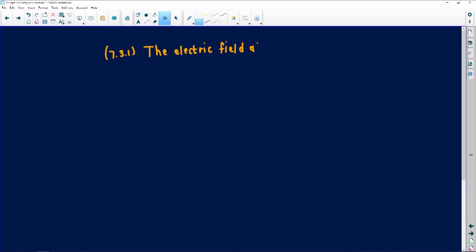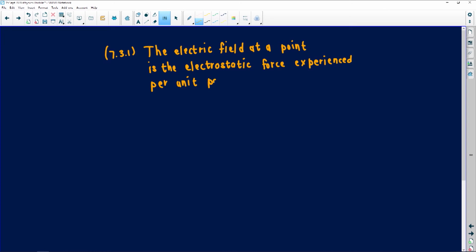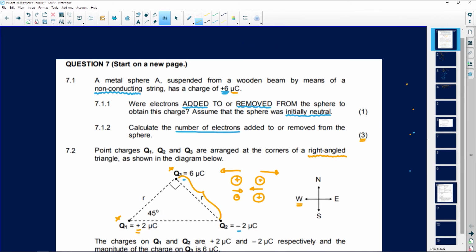An electric field at a point is the electrostatic force experienced per unit positive charge placed at that point. So this is what we have. That is our definition. Let's see what our question is asking us.